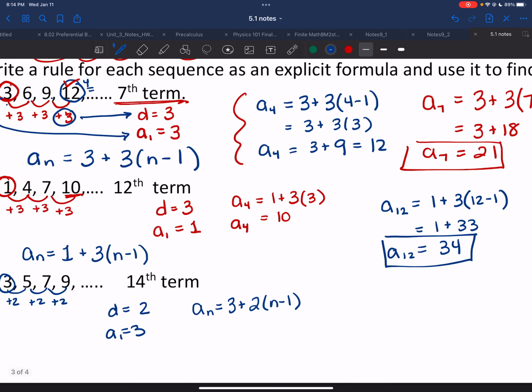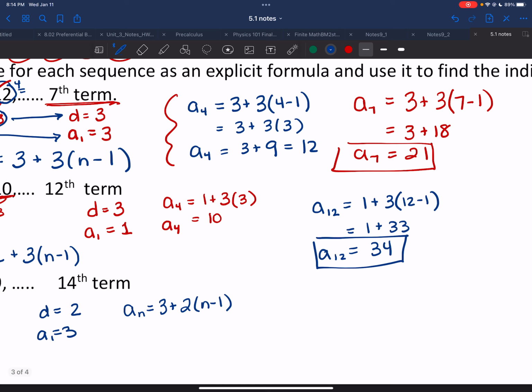And then it wants me to find the 14th term. So that 14th term, a_14, is going to equal 3 plus 2 times 14 minus 1. So I've got 14 minus 1 is 13. 13 times 2 is 26. 3 plus 26 gives me 29. So a_14 is equal to 29.